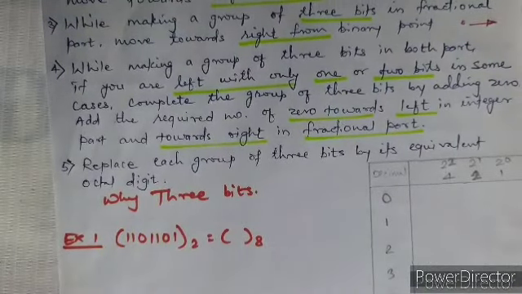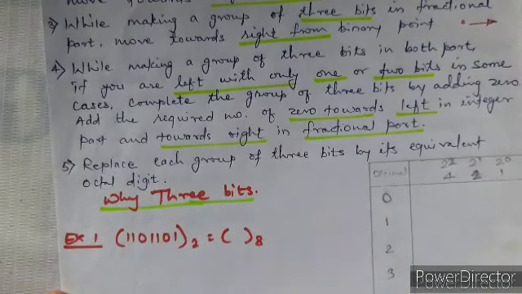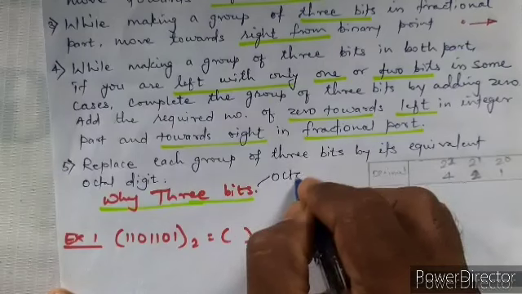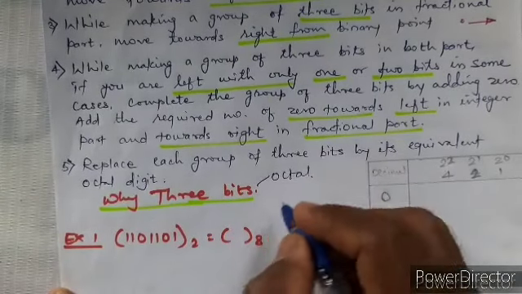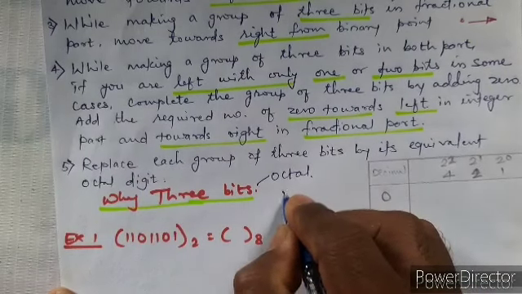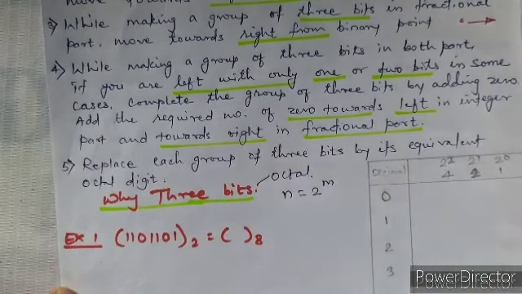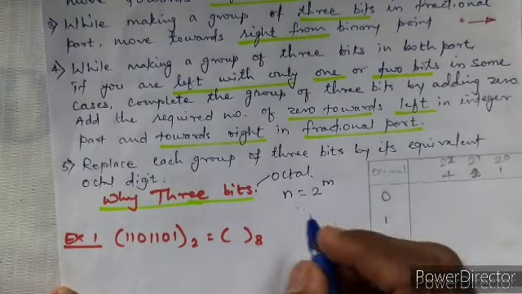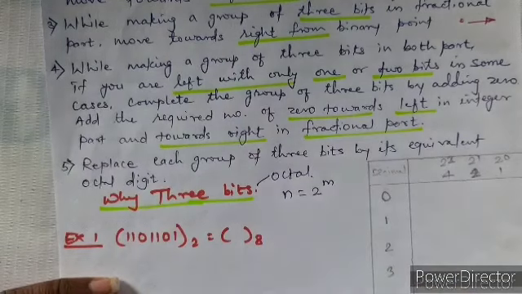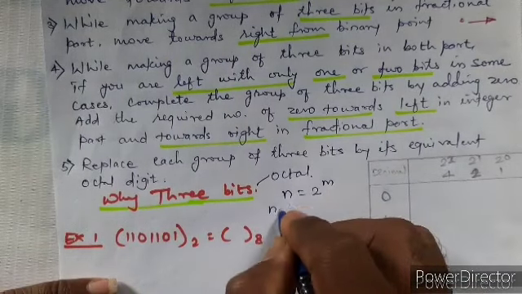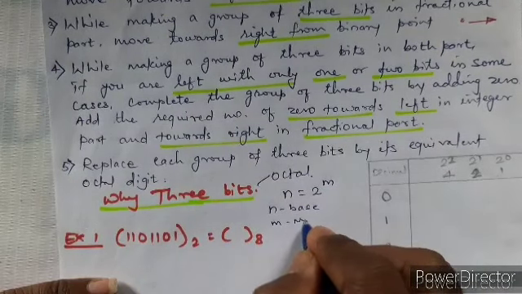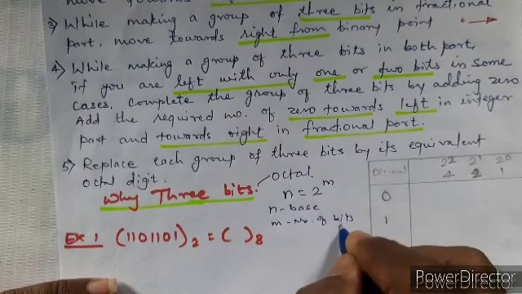Okay, now before going to the example, let us see why we use 3 bits for octal. For this, you have to consider one equation, that is n is equal to 2 raised to m, where n we can consider the base of that system, right? So n is the base and m is the number of bits required.